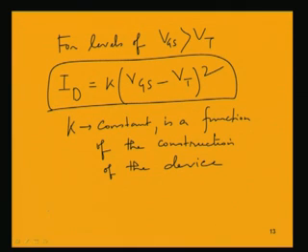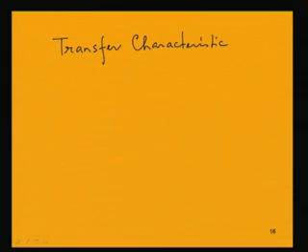Now, from this drain to source current characteristic versus VGS, we can also know about the transfer characteristics. Transfer characteristics are the characteristic between the input and the output. So, what is a transfer characteristic? If we consider this MOSFET device, what is input here?